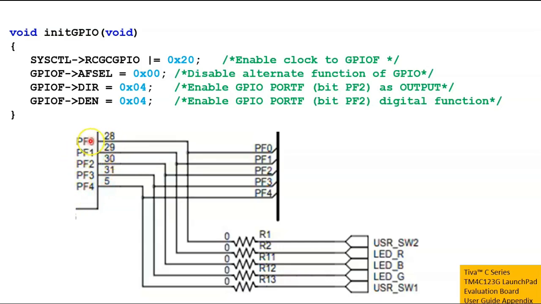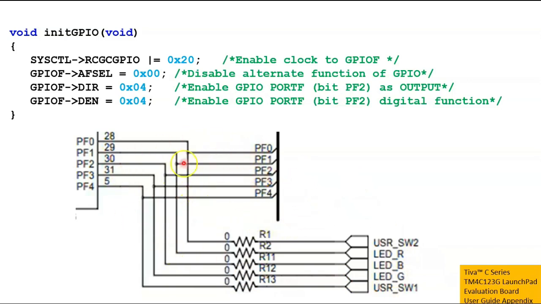As you can see from the schematic here, PF1, which is port F bit 1, is connected to LED_R, which is the red LED, and LED_B, which is the blue LED, is connected to PF2, that's port F bit 2, and port F bit 3, PF3, is connected to LED_G, the green LED.